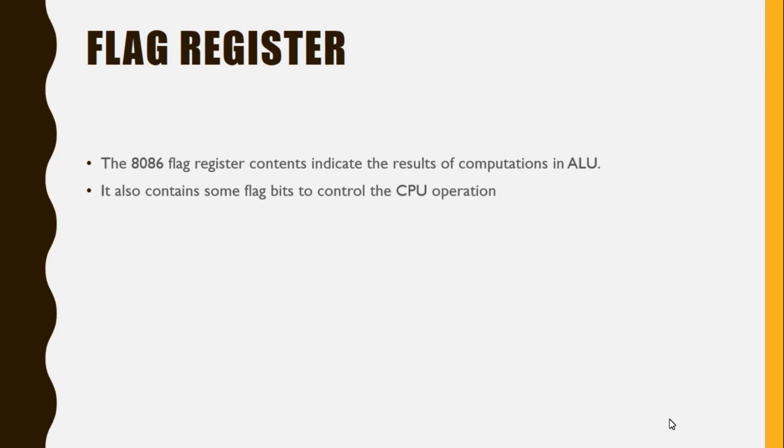These flags are similar to the flags we use in our programs. Like if a condition is true, then the flag is 1, else the flag is 0. We will study these flags in more detail in the architecture of 8086.